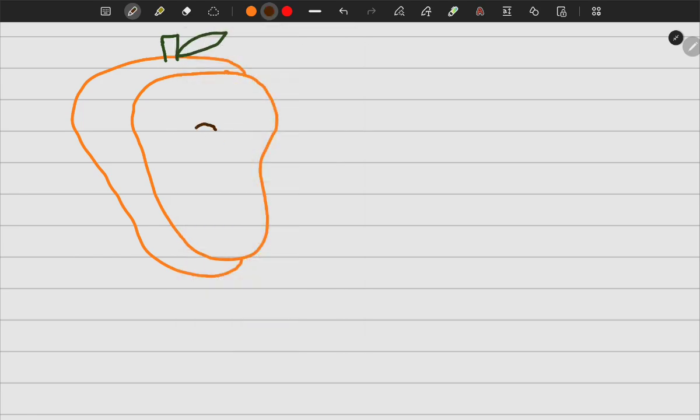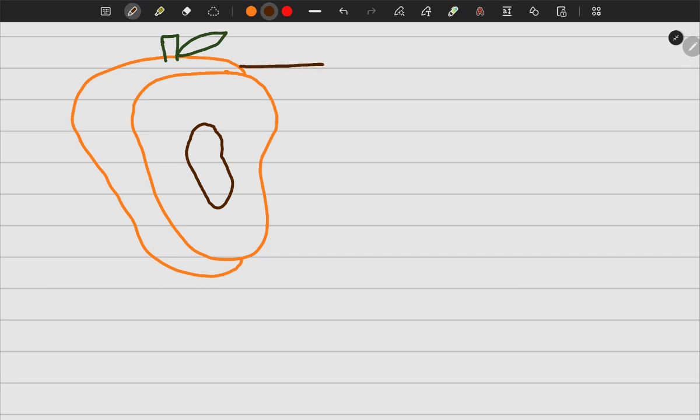There will be a stony endocarp at the middle. The pericarp is very well differentiated into three parts in the case of mango.